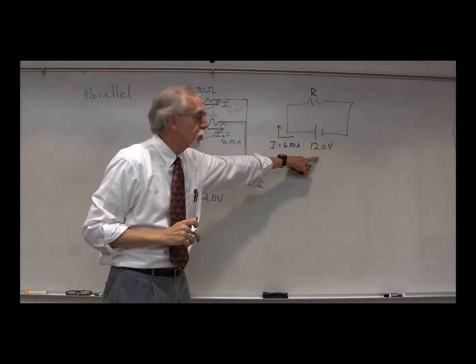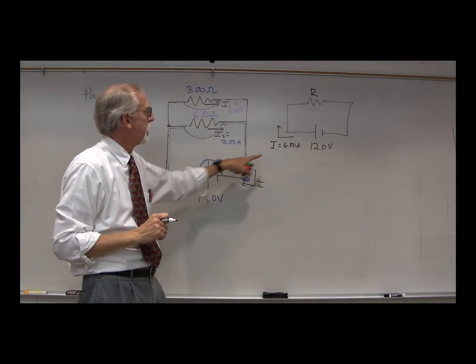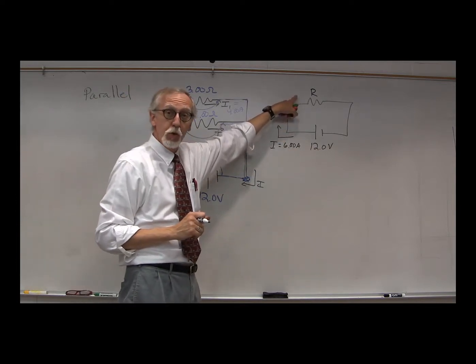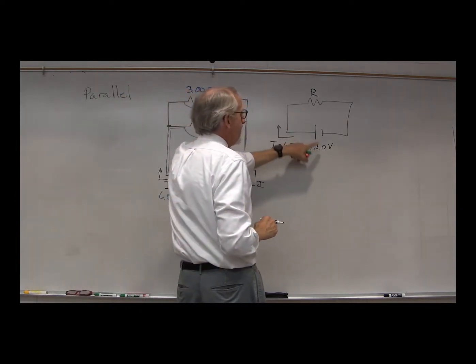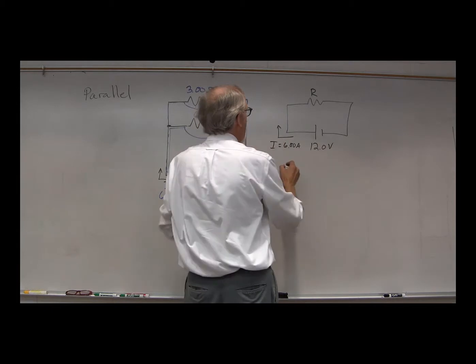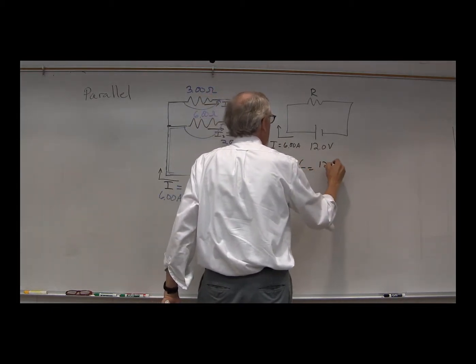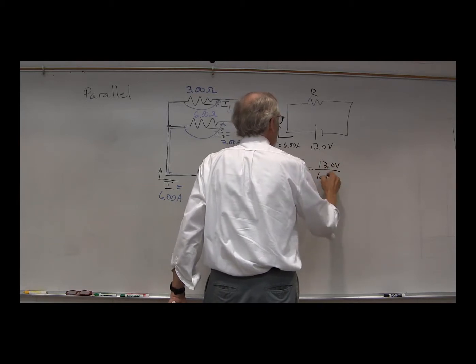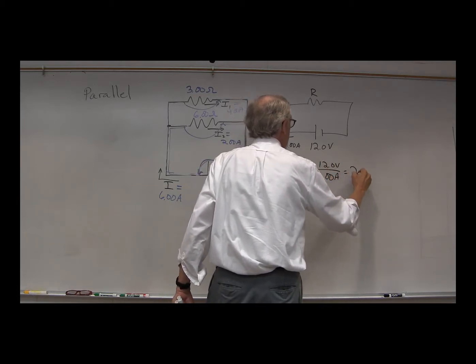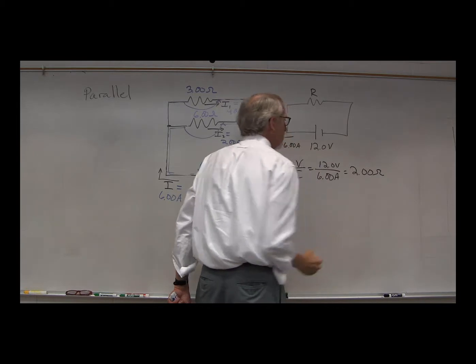So, if we've got a 12 volt power supply putting out 6 amps, what resistor would we have in here? Well, again, V equals IR. R will be equal to V over I, or 12 volts over 6 amps. In other words, 2 ohms.